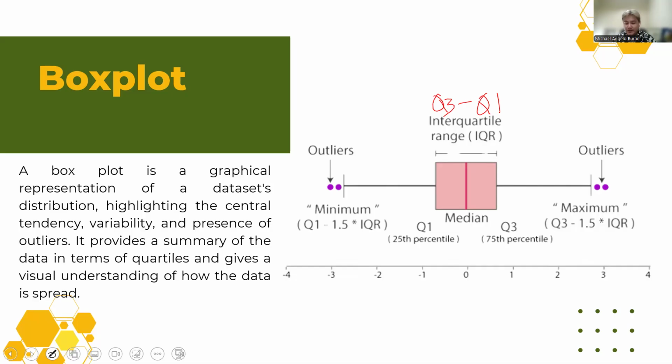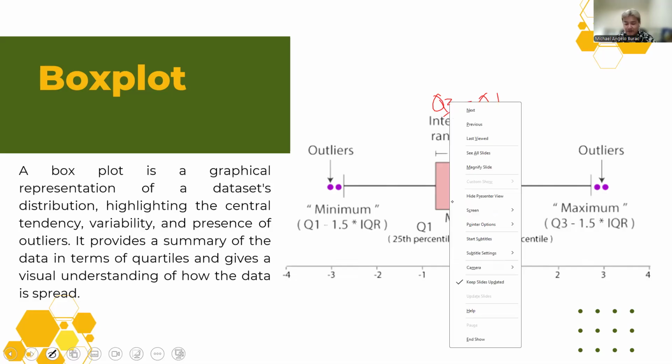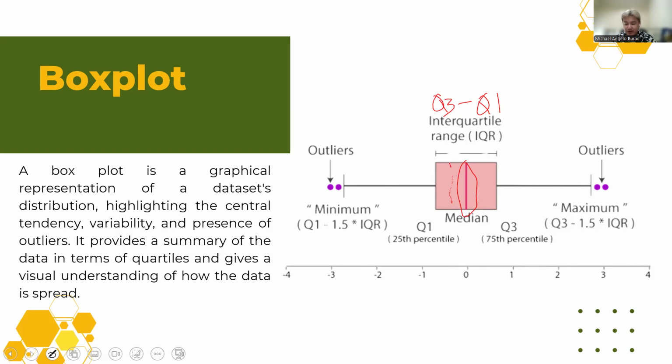And you have here your measure of center, the median. It's a symmetric distribution unless your median lies in this area, in which case it's asymmetrical, or right skewed, or skewed to the right.